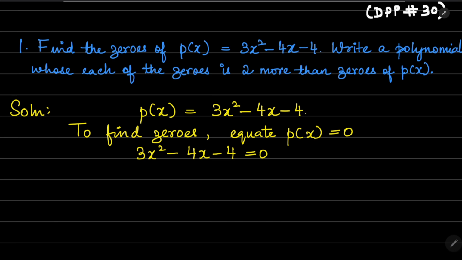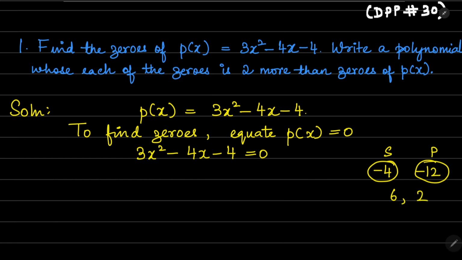So we have to do the factorization using middle term splitting. So what is the sum value? It is minus 4. And what is the product value? It's a into c. So 3 into minus 4 is minus 12. You have to find two numbers whose sum is minus 4 and whose product is minus 12.